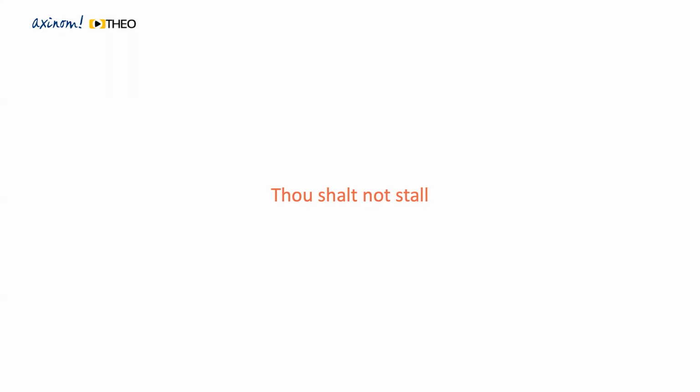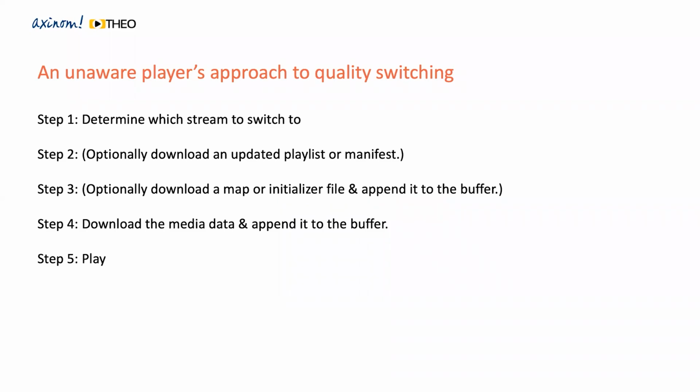So to dive a little bit deeper, let's have a quick look at the flow of a quality switch. In its essence, a quality switch isn't that hard. You download the playlist if that's even required. You download an initialization segment or a media segment, and you add it to the buffer. And if that all went well, then basically playback will start.